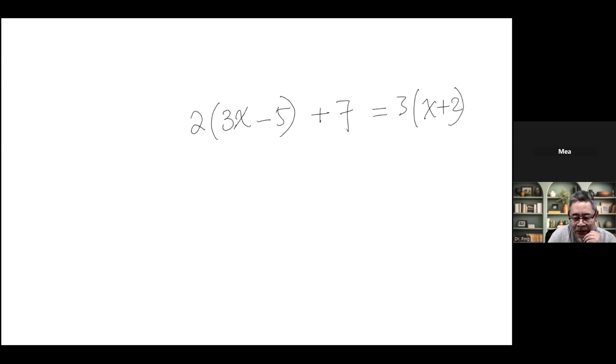And now we're going to look at another kind, when we have to separate out the unknown quantity from numbers. So say, minus 5 plus 7 equals, let's see, 3 and x plus 2 and minus 5.